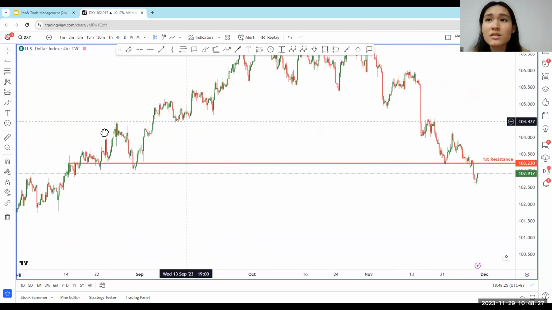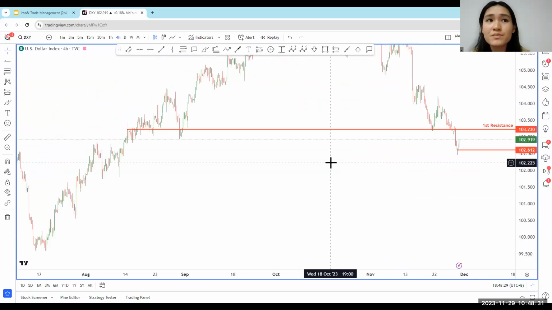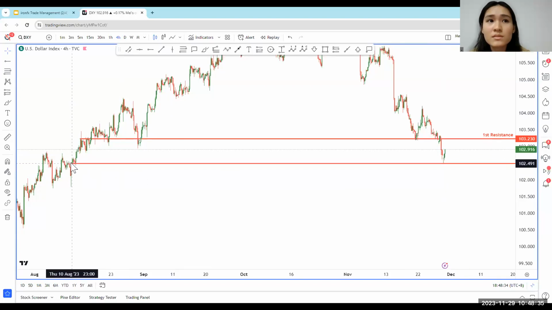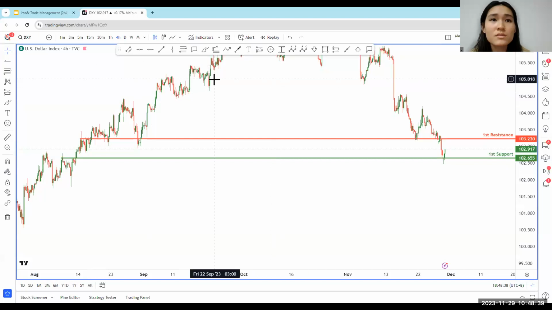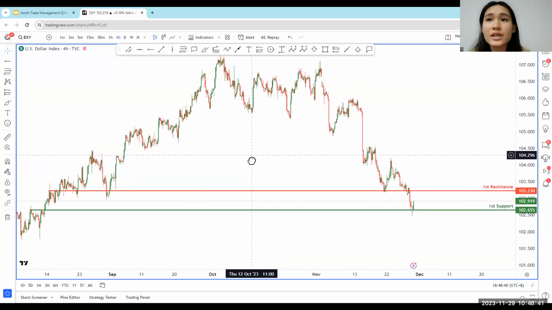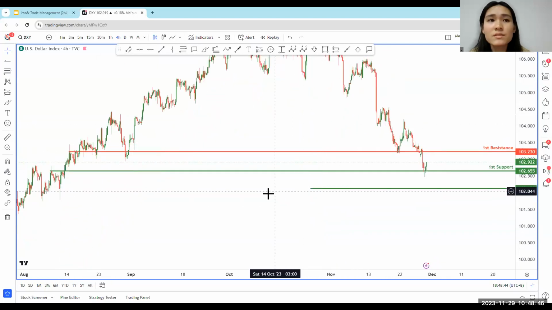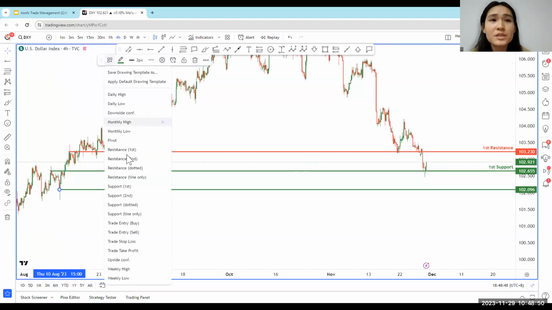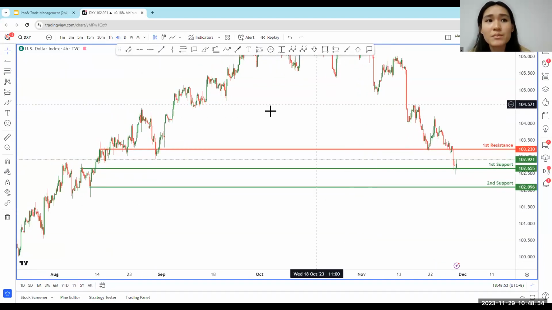And then first support. And so our stop loss would be roughly about here.